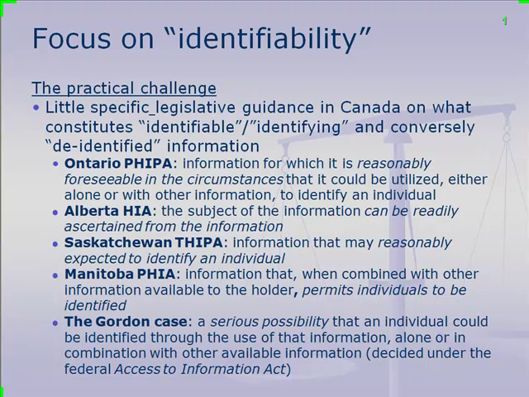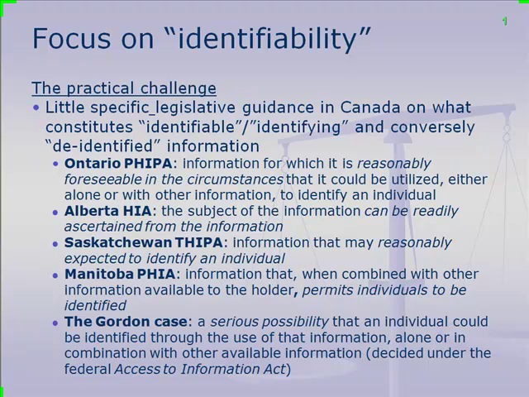The Alberta Health Information Act says the subject of the information can be readily ascertained from the information. Well, I don't know about you, I'm not sure that's helpful. If people think it is, that's good. Saskatchewan, the Health Information Protection Act: information that may reasonably be expected to identify an individual.